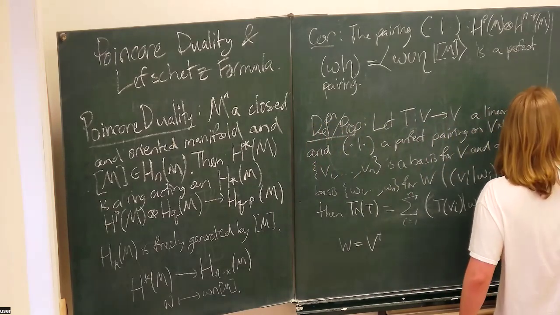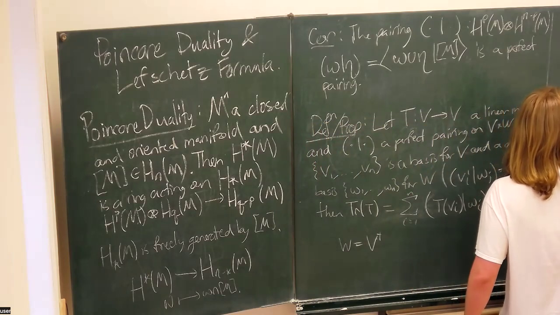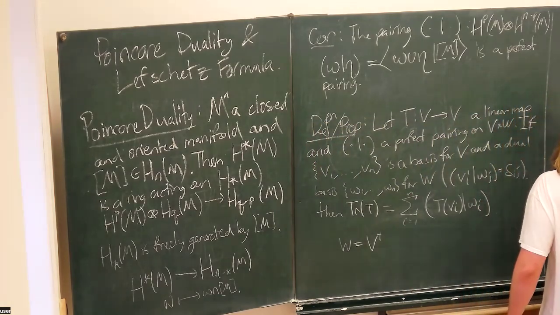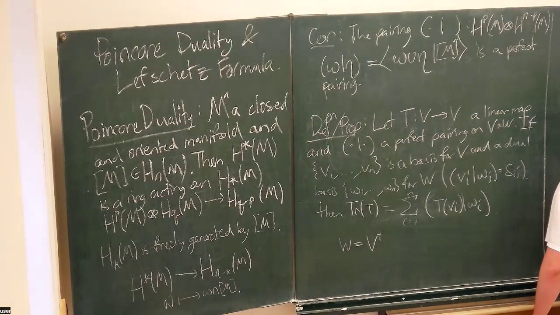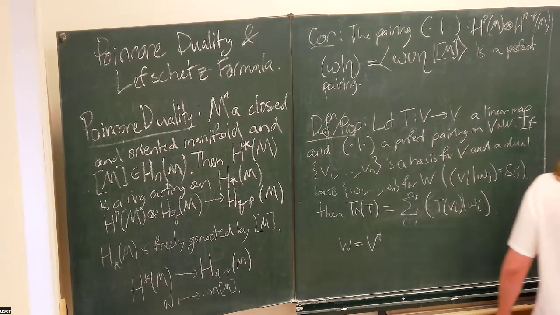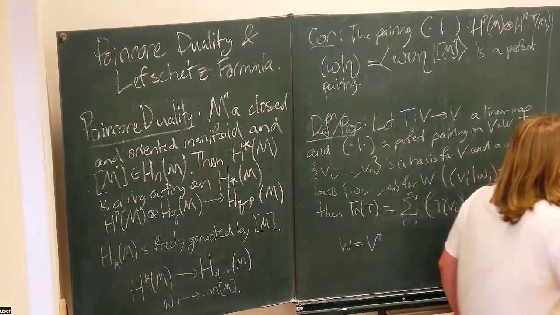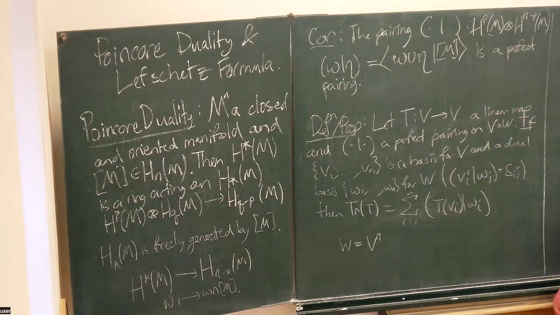So when p plus q is equal to n, then a times b is a number which is going to live in degree 0 homology.